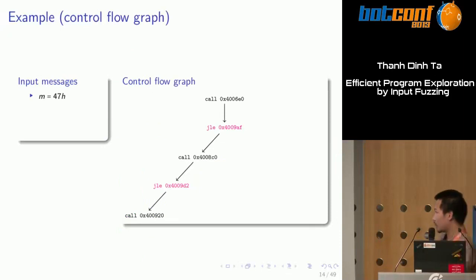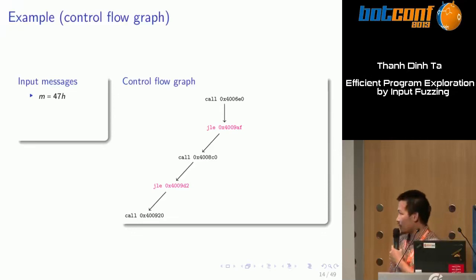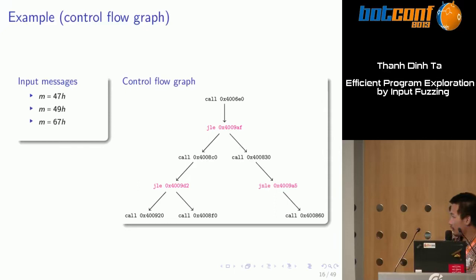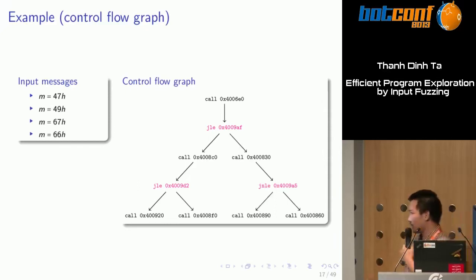For example, when we start the program with the input 47, the trace of the program will be here, and when we change to another input, the trace also changes, and so on. Then we can detect this on the input, and we can explore the behavior of the program.